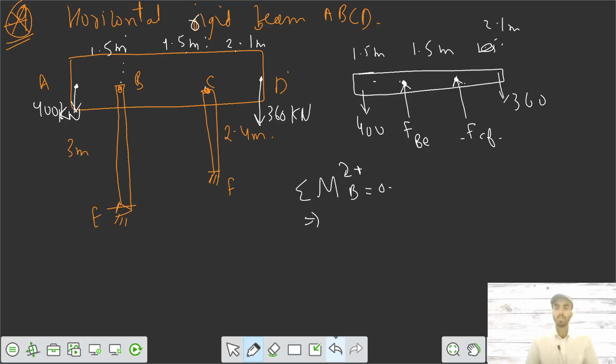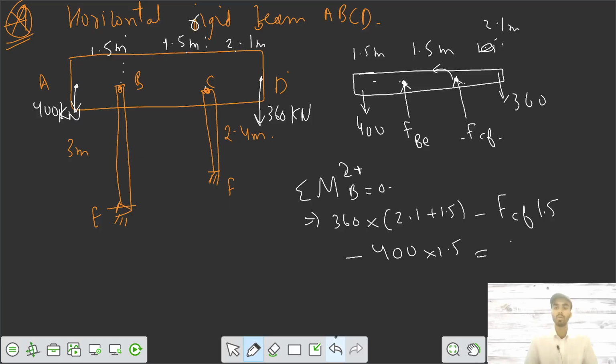The effect of 360 kilonewton is clockwise, into length. Length is 2.1 plus 1.5 meter. And FCF is acting anti-clockwise about this point, into 1.5. And because of this 400 kilonewton, it's also acting anti-clockwise, so we need to keep it negative: 400 kilonewton into 1.5.